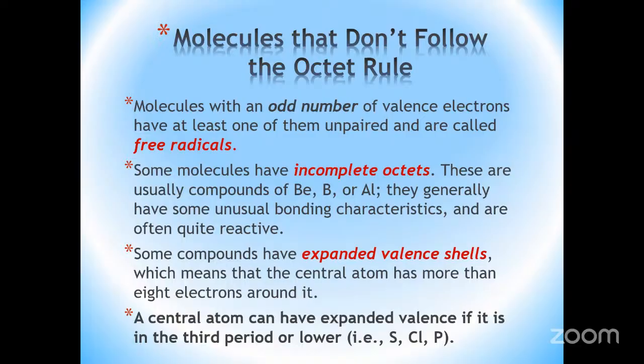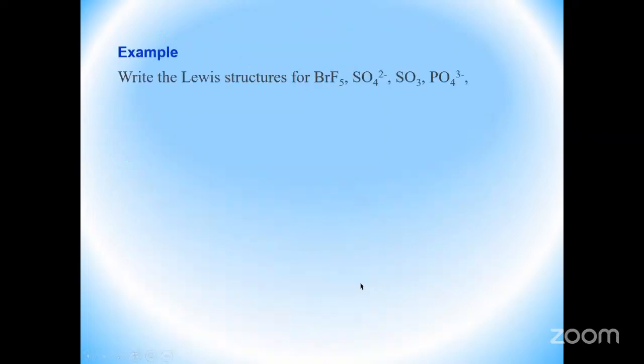Therefore, those elements cannot expand their valence shell. Elements in periods 3, 4, 5, 6, 7 can expand their valence shell. Some examples are given here, like sulfur, chlorine, and phosphorus.